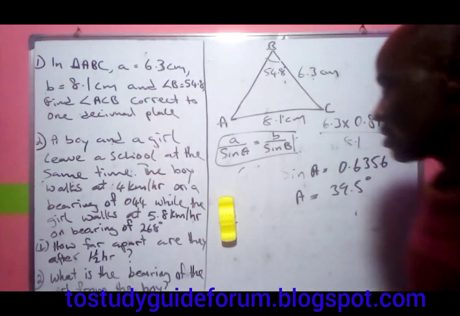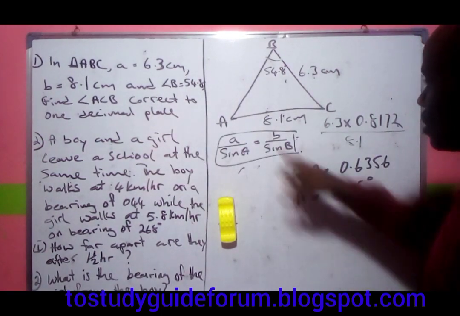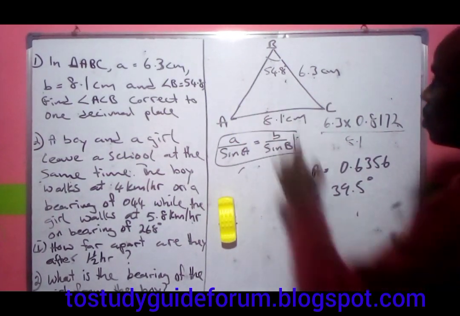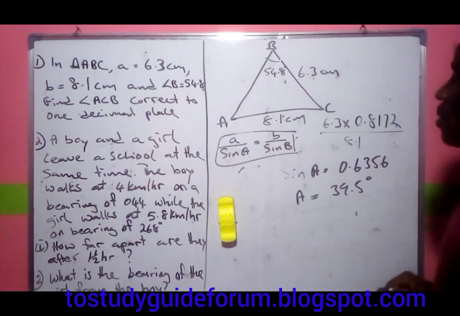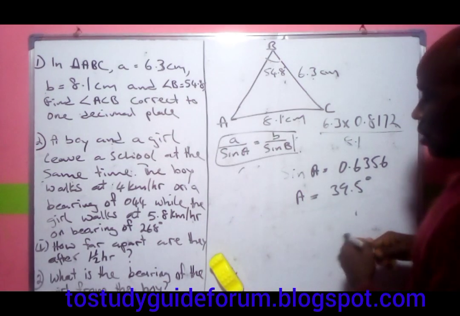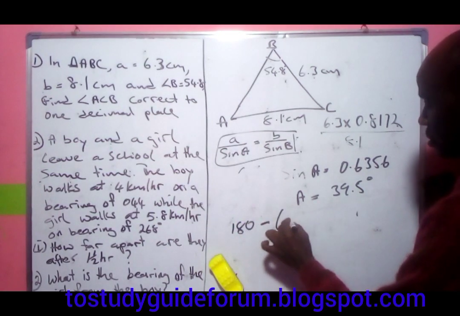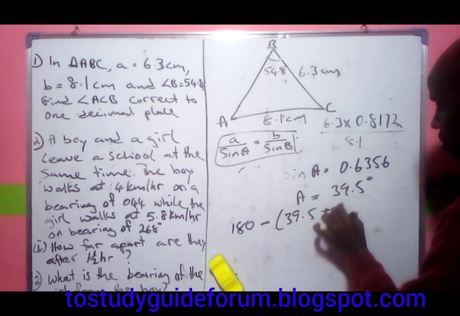That is not the answer we are looking for. This is the value of angle A. The next thing we are going to do, since we know that the sum of the angles of a triangle is equal to 180, is 180 minus the sum of 39.5 and 54.8.